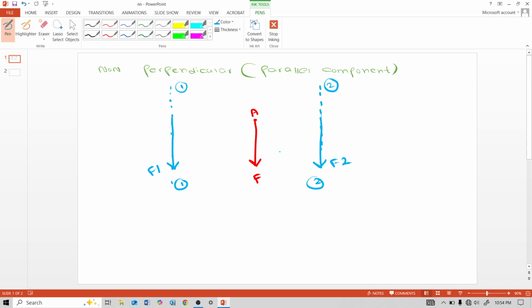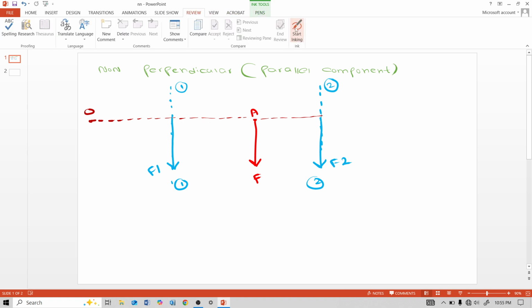Now we will consider point O here, and this point O will be perpendicular to those forces.